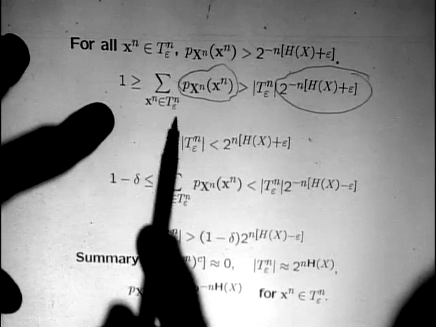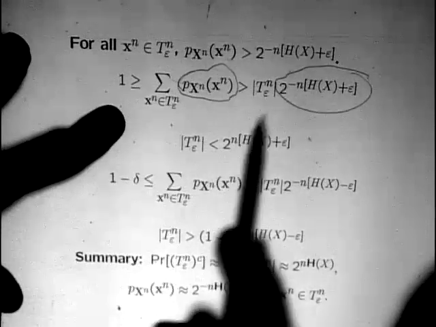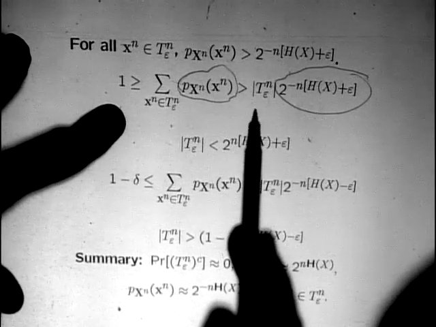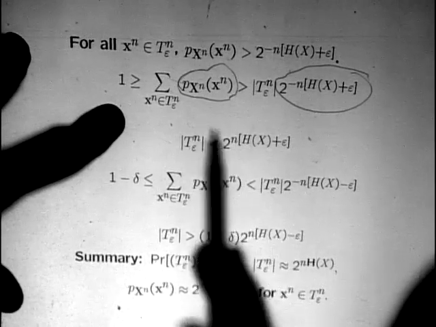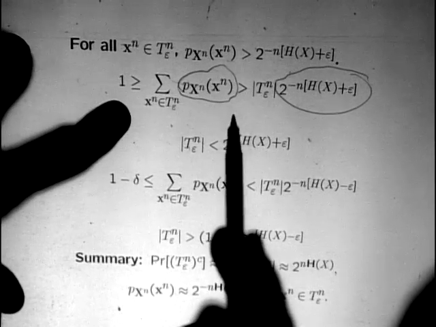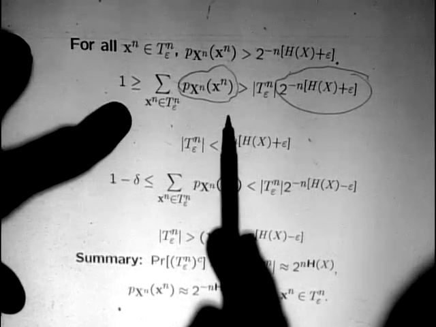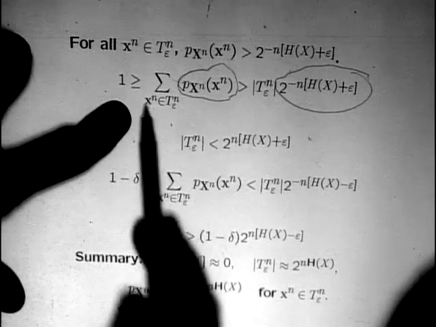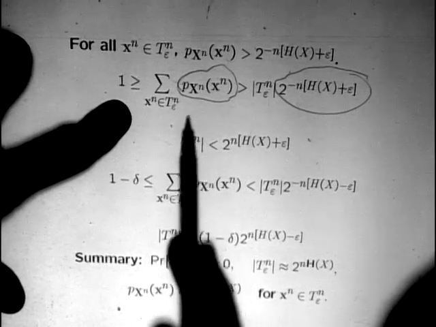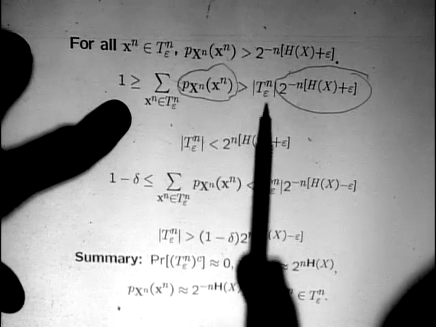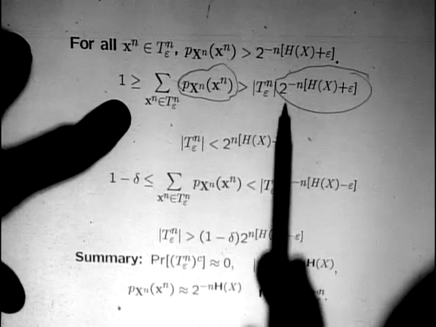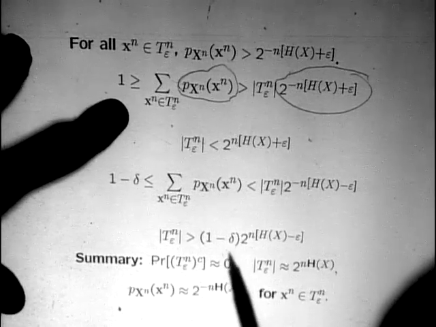So now I'm adding over things in the typical set, so I need to include the number of things in the typical set. So what I have is this sum, and what is this sum? This is the probability of the typical set, because I'm adding over all elements in the typical set. And it's greater than or equal to the number of elements in the typical set times these small probabilities.